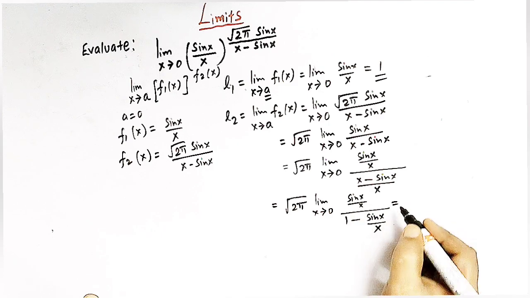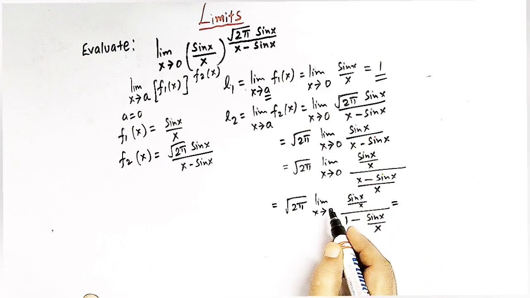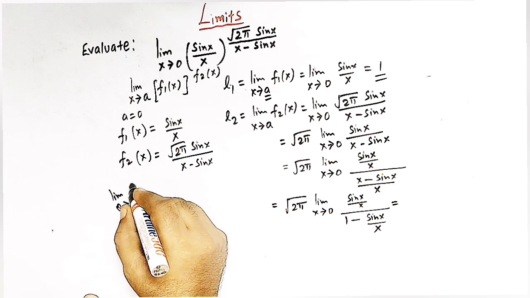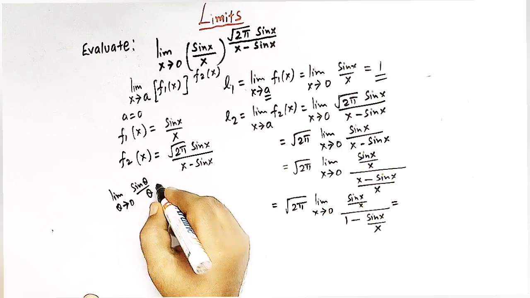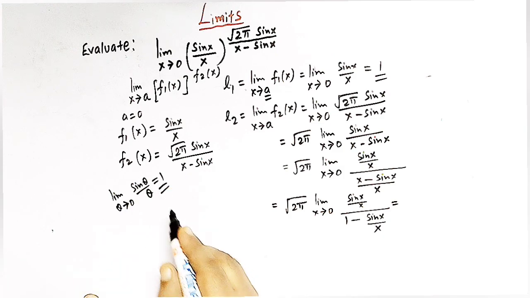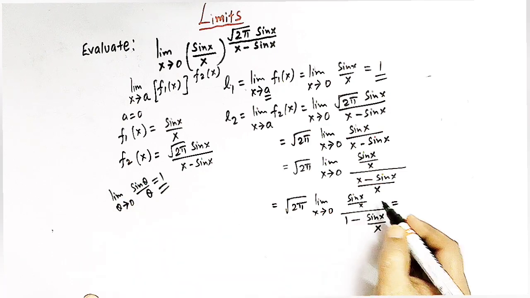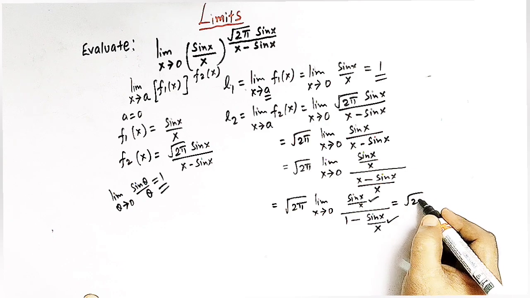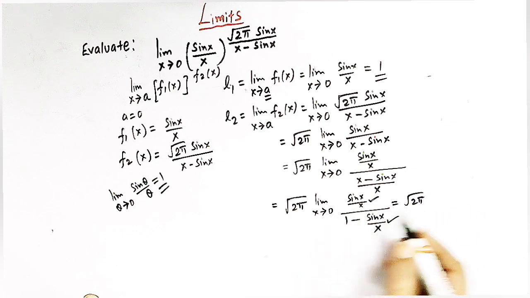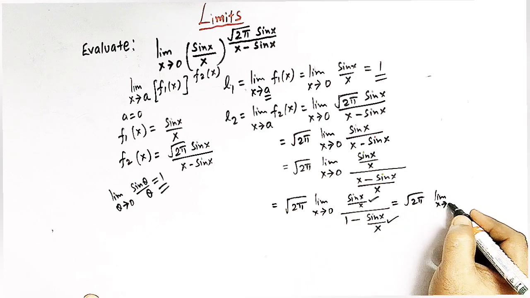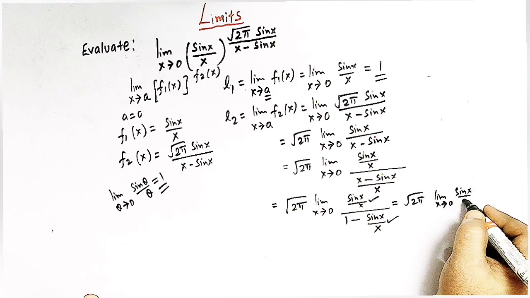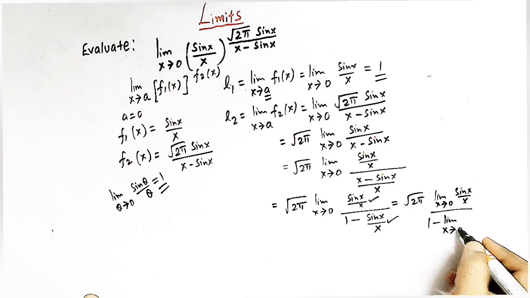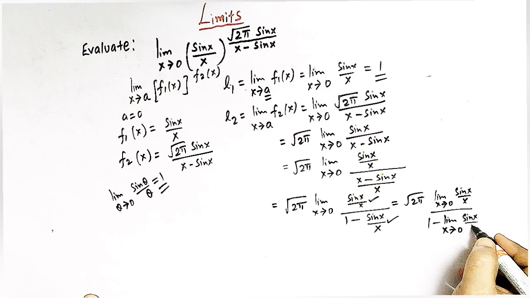So now from this expression we can see that the limit theta tends to 0 of sin theta over theta is equal to 1. So we can use this result over here and here, right? So we can now write square root of 2 pi and limit x tends to 0 of sin x over x, divided by 1 minus limit x tends to 0 of sin x over x.